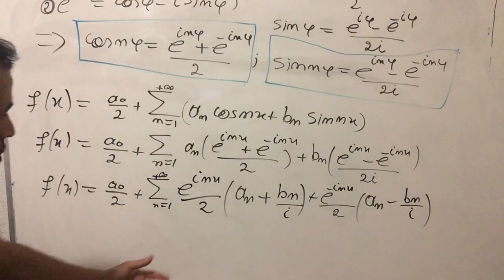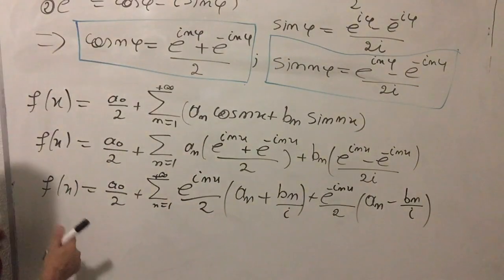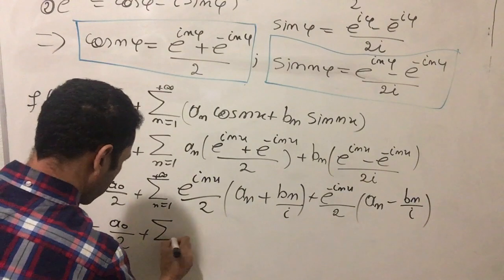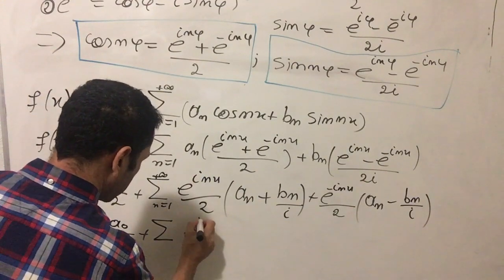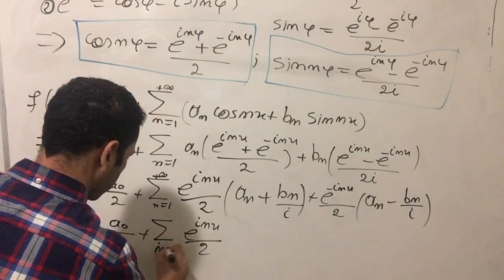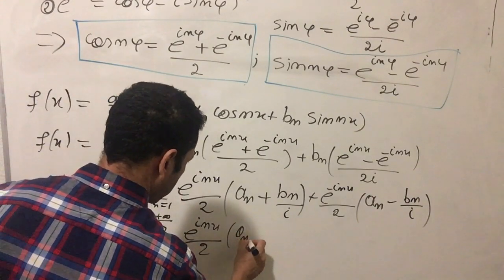Now I'm going to simplify this a little bit. So I will have f of x, the sum of e to the i n x over 2 as n goes from 1 to plus infinity, multiplied by a sub n.